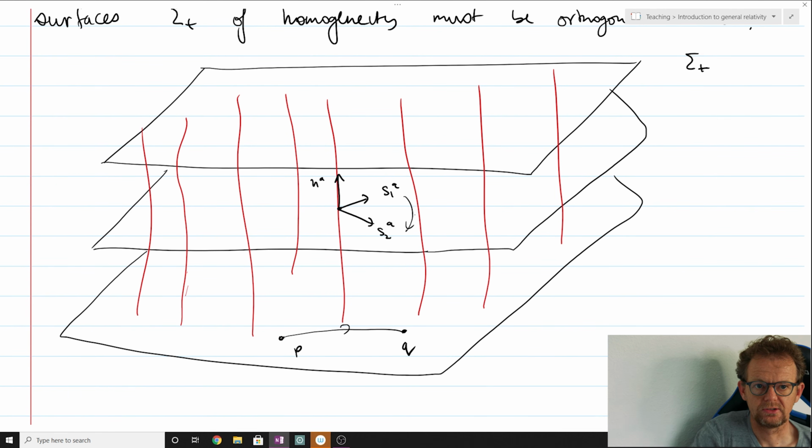So that's the notions of isotropy and homogeneity for a spacetime manifold.